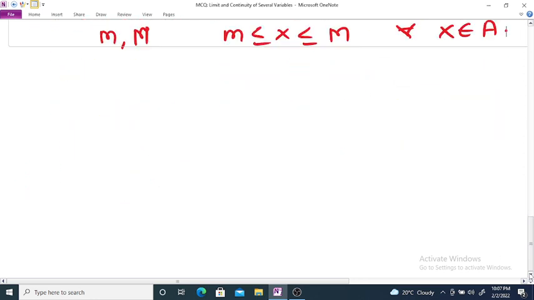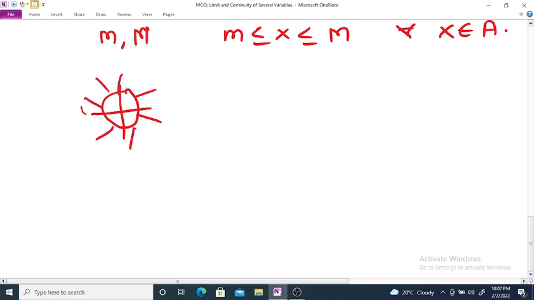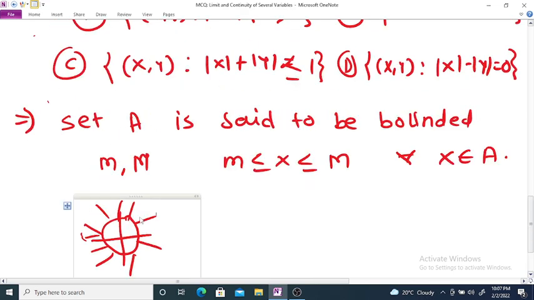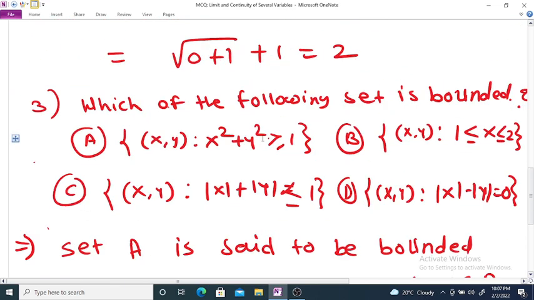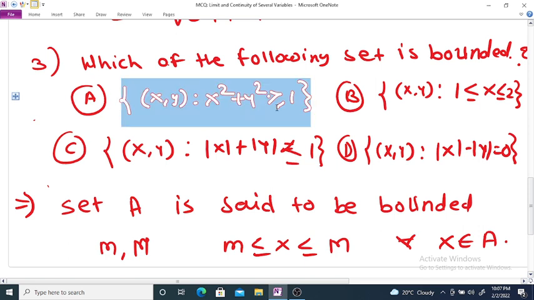This is the equation of a circle having center (0, 0) and radius 1, and the set contains all the points with x² + y² greater than or equal to 1, that is, all the points lie outside the boundary. So this set is not bounded.